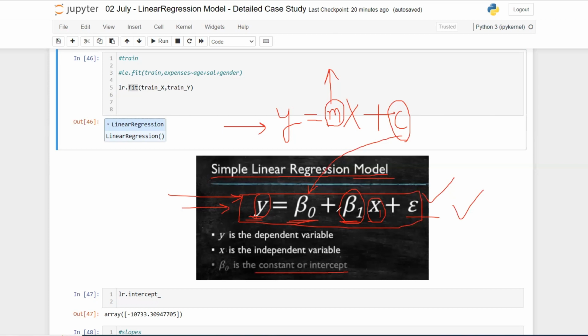Y equals beta naught plus beta 1 x1 plus a small e, epsilon, or a small error associated with any modeling process. Okay, so you can relate this to the previous equation. Now if you have more features, we will add beta 2 x2 and so on, right?